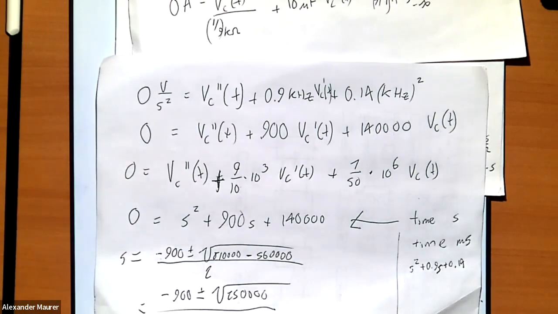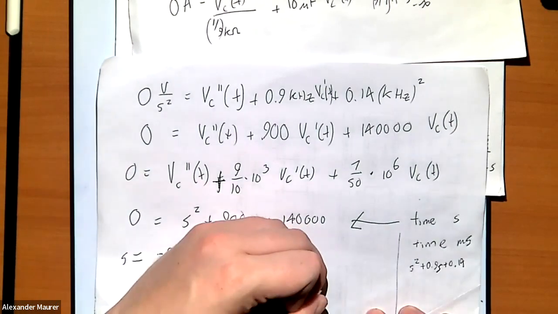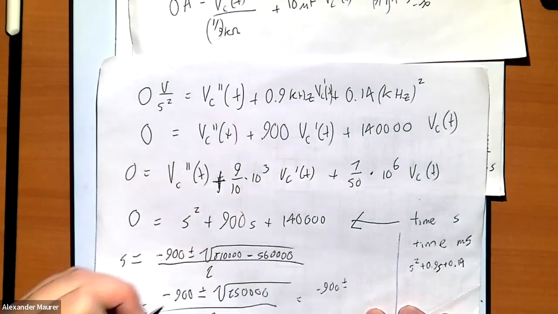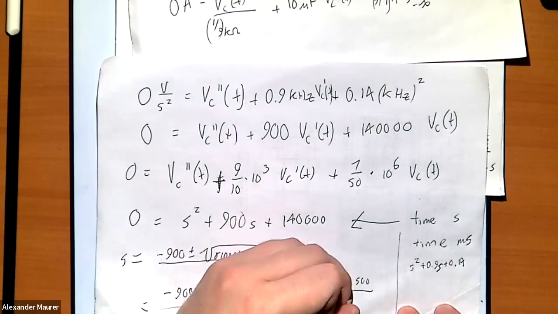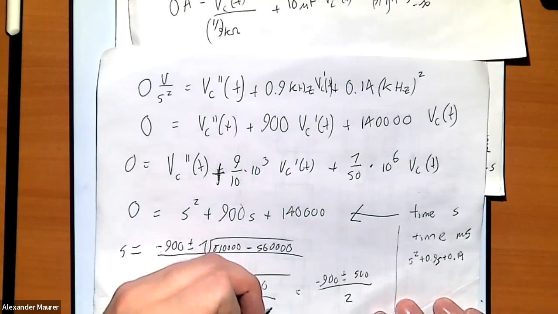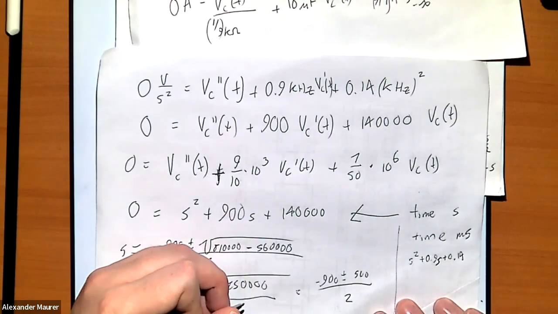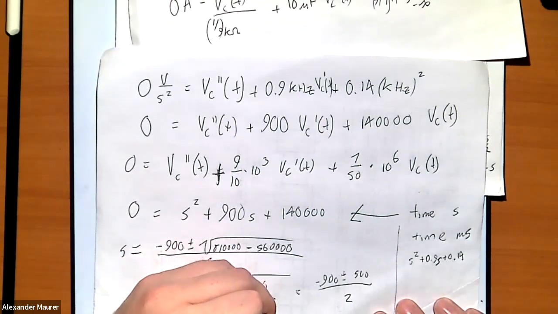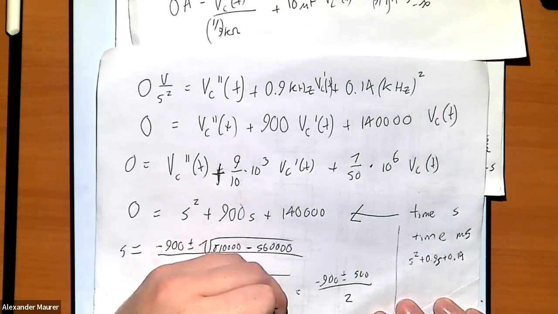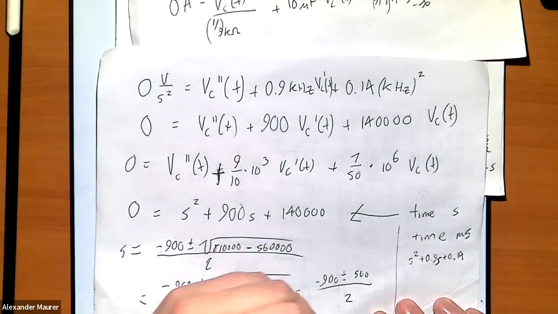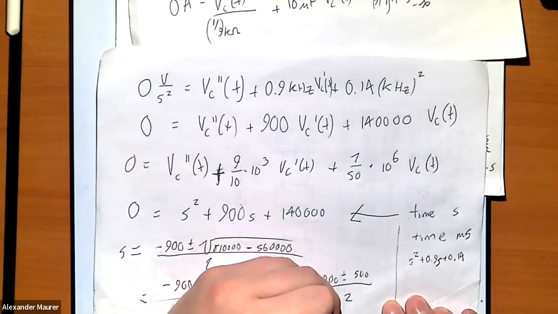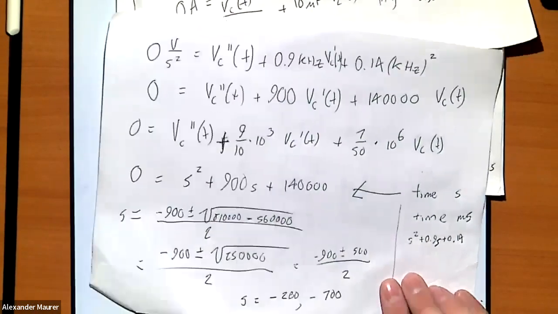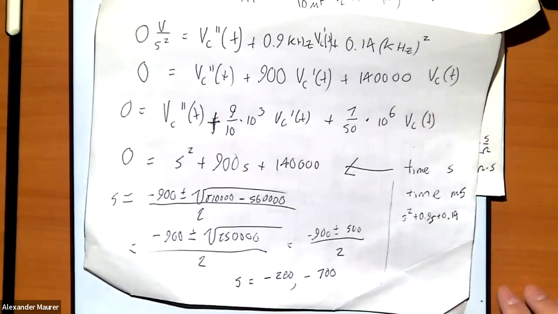And so then the square root of this is 500 over 2. And so our two solutions for s are going to be negative 200 and negative 700. Oops, negative 200, negative 700.